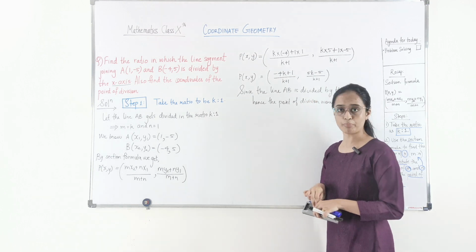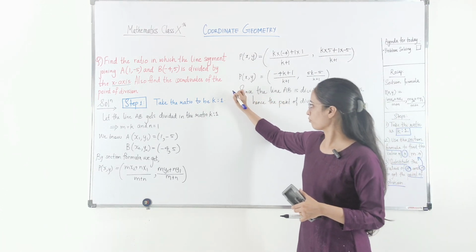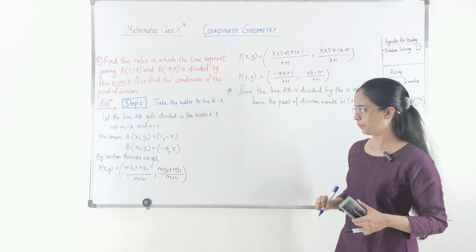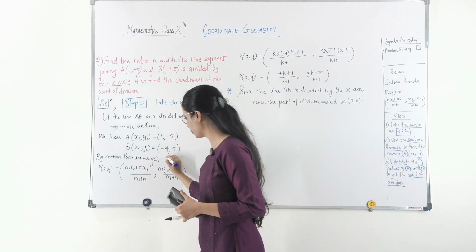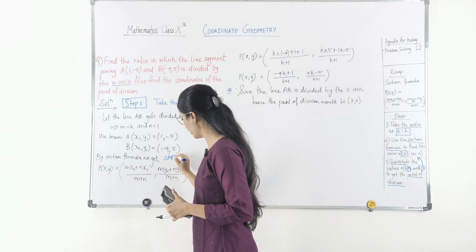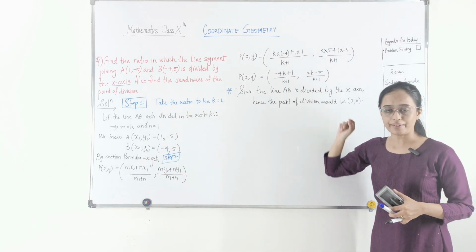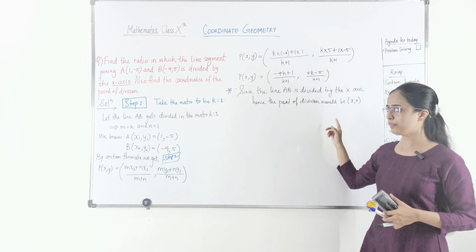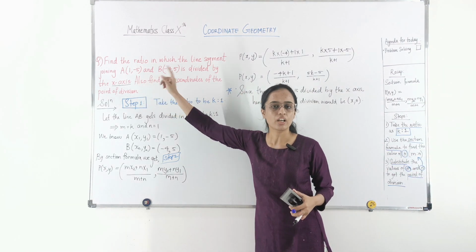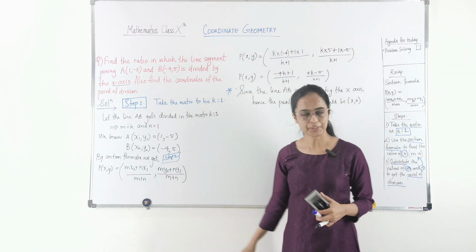A very important part of this question, right? I would write here step number 2, because this is where you have used your section formula. So this line is very important because here you are actually making use of the fact that the line is divided by the x-axis.